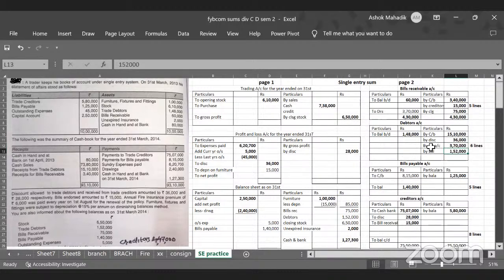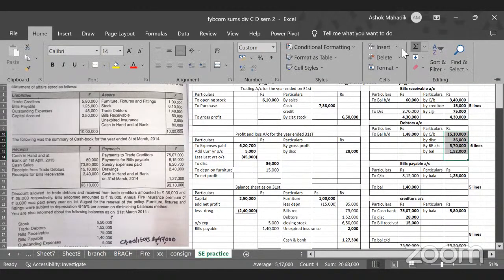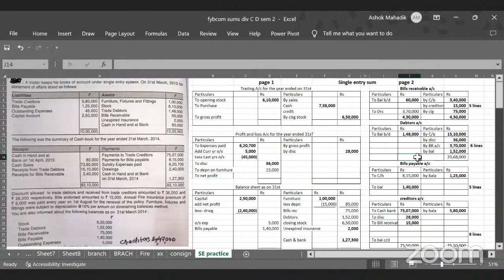Now in debtors account, if we get balancing figure on debit side, it will be your credit sales. I'll take the total first. I'll take the same balance on the debit side, 20,68,000.